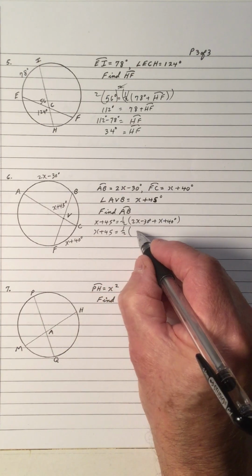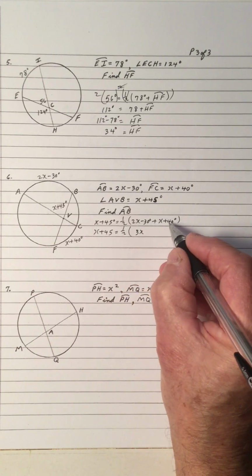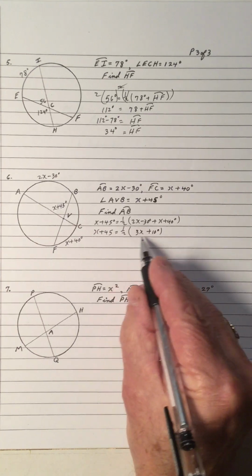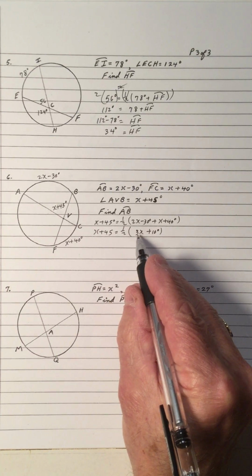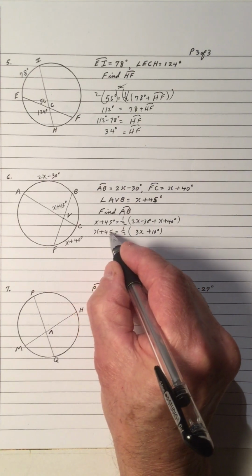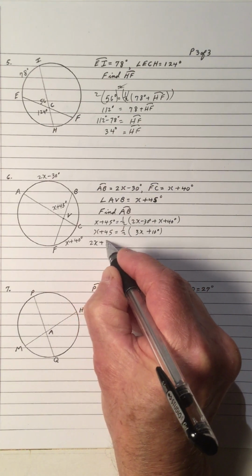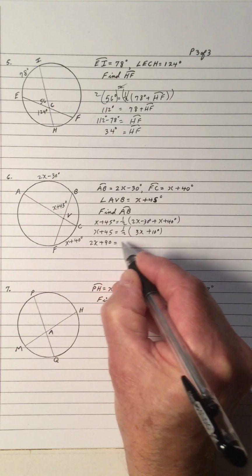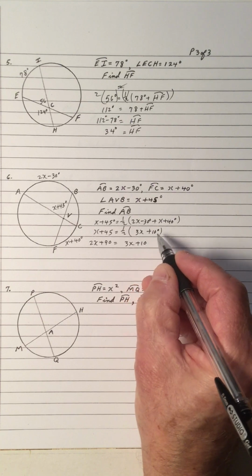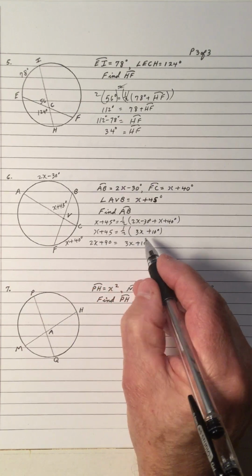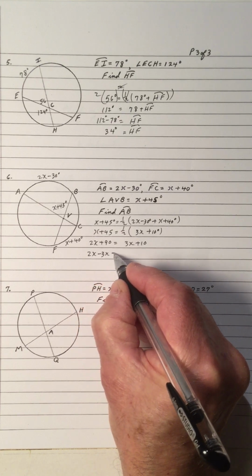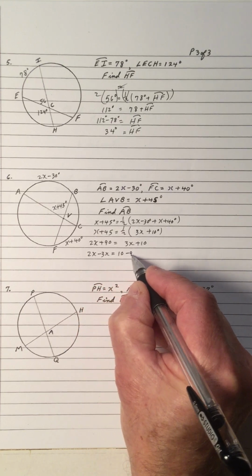So x plus 45, let's simplify inside the brackets first. 2x plus x is 3x, minus 30 plus 40 is a plus 10. And again, we could go a half times 3 is 1.5, but if we double both sides, we double this side, we get 2x plus 90. And we double this side, we get 3x plus 10. So we multiply both sides by 2, so that means 2x minus 3x is equal to 10 minus 90.